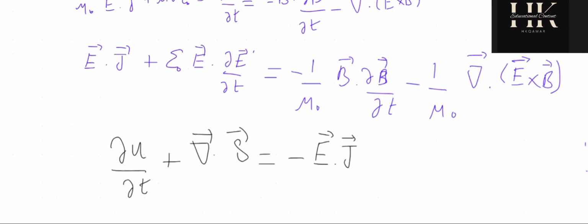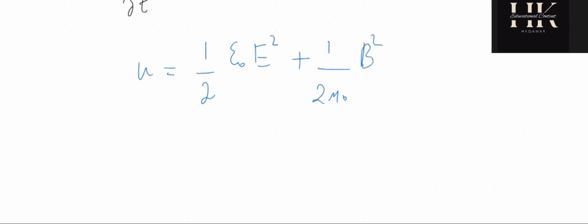So U is given by U is equal to 1 by 2 epsilon naught E square plus 1 by 2 mu naught B square. Here E square is E dot E, and B square can be written as B dot B.